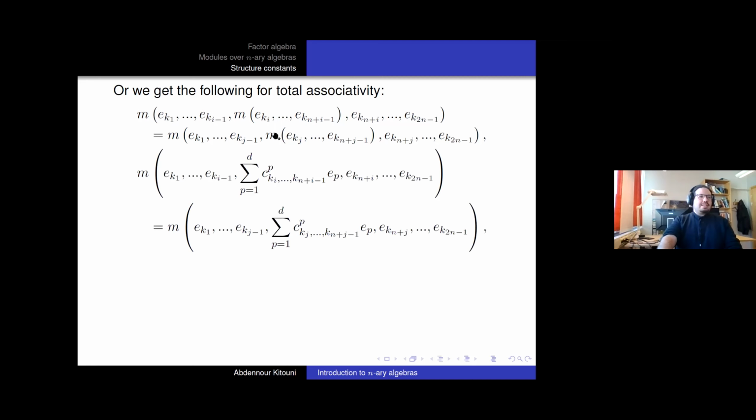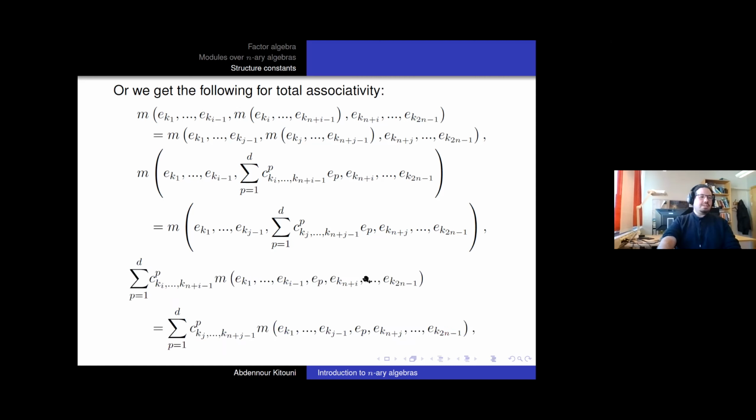So replace the inner multiplications by a linear combination of basis vectors and structure constants.